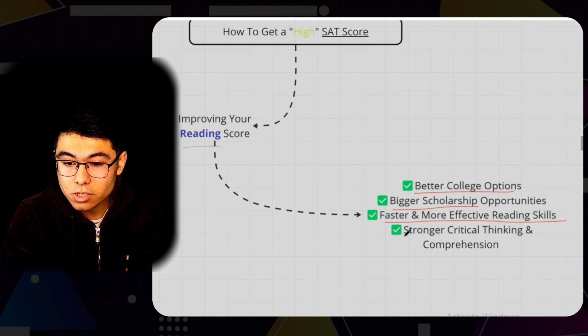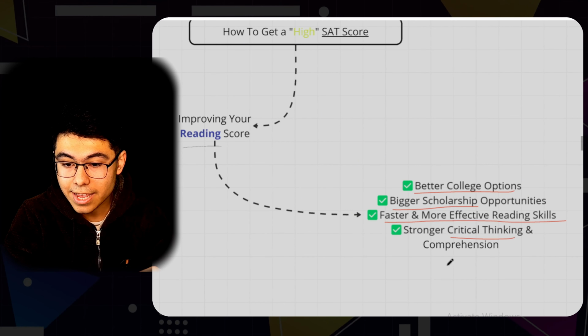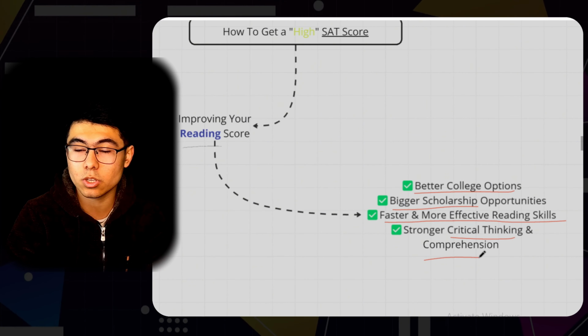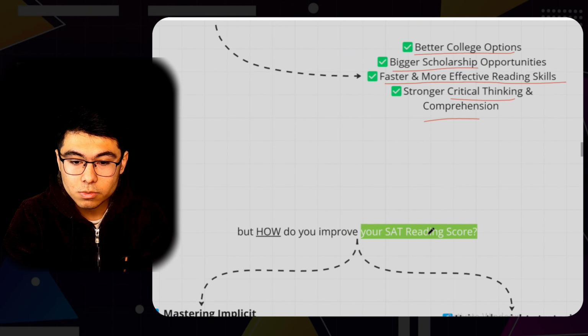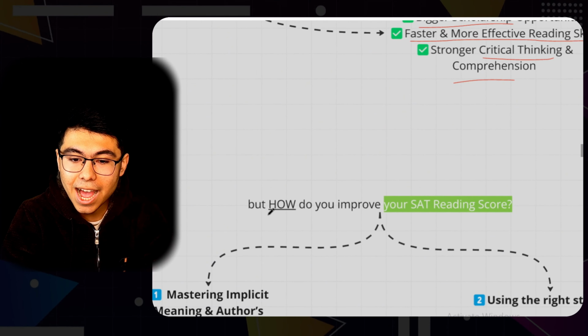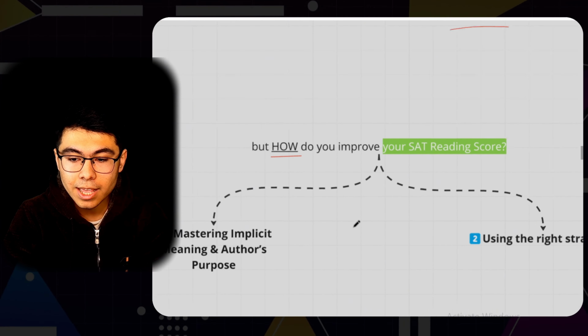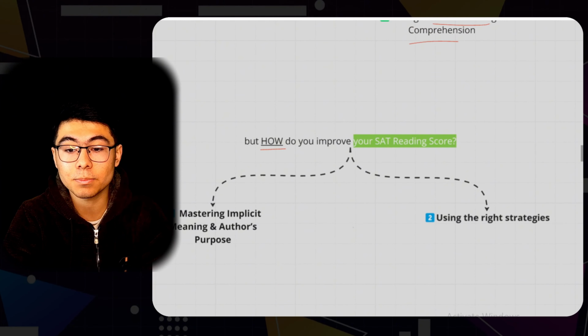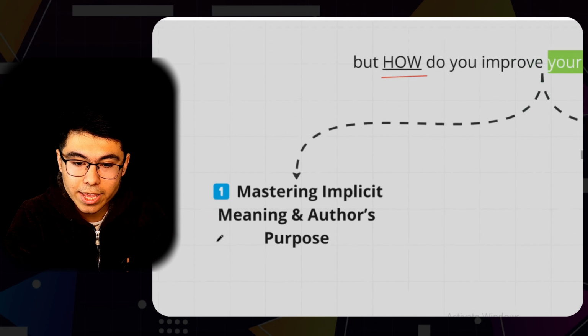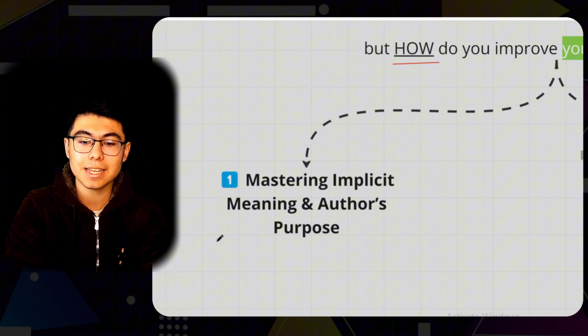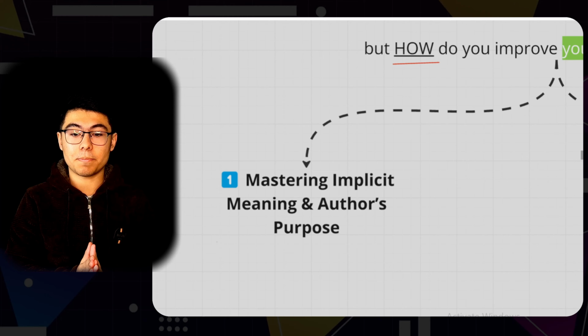Next up, you can also improve your critical thinking and comprehension by improving your reading score. You may have a question: how do you actually improve your SAT reading score? There are mainly 2 ways of improving it. The first way is by mastering implicit meaning and author's purpose.